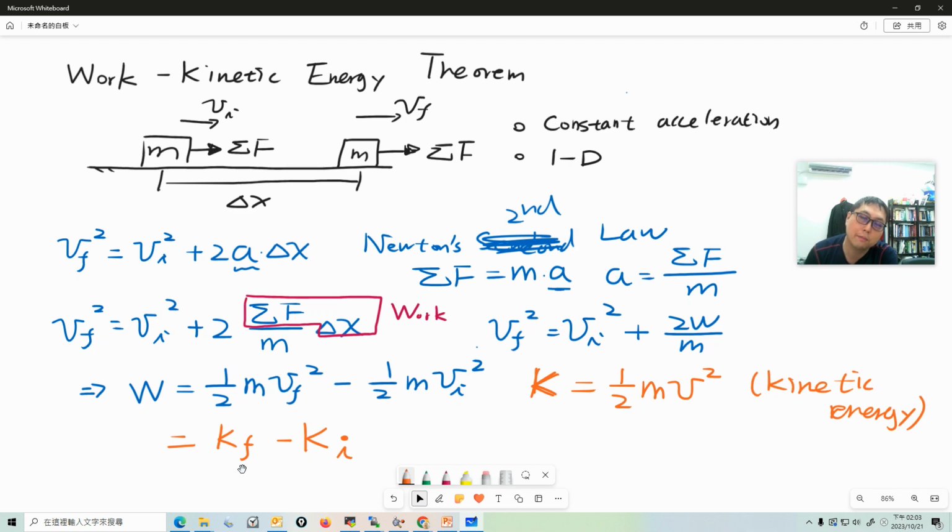This style shows up later in potential energy, elastic potential energy and gravitational potential energy. They only care about the final state and initial state. Like in chapter 2, when we introduced displacement, it also only cares about the difference between the final position and initial position, not anything that happens between them.